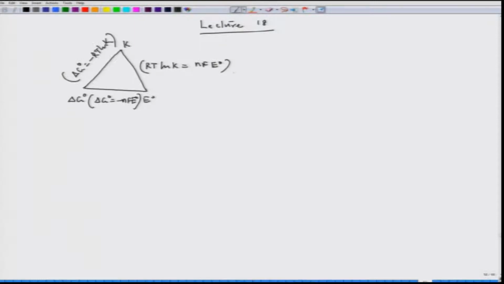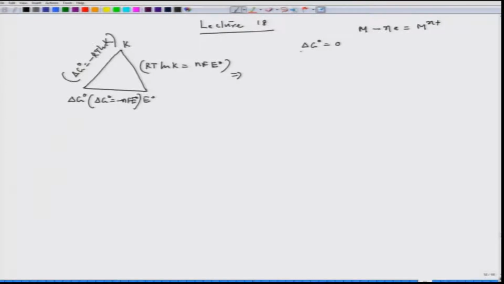Now, let us say delta G0 equals 0. For a particular equilibrium reaction, let us say this is my equilibrium reaction: M equals M n plus plus n e. This is the reaction we talk about.